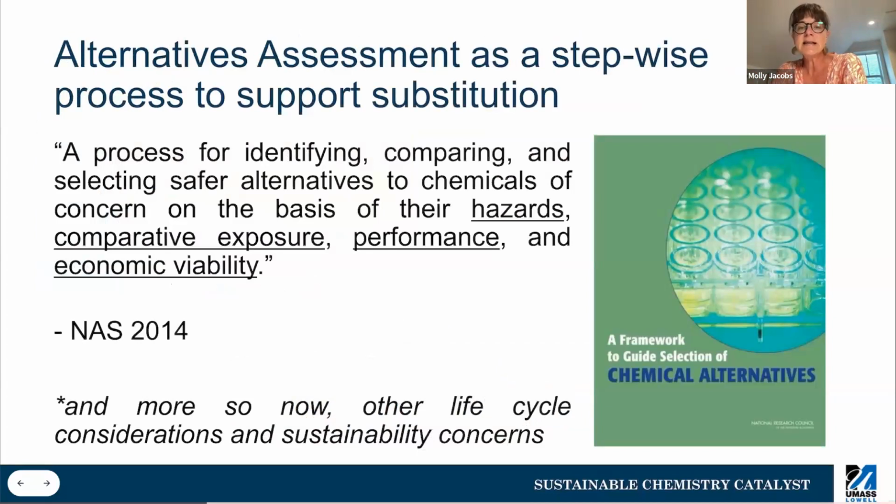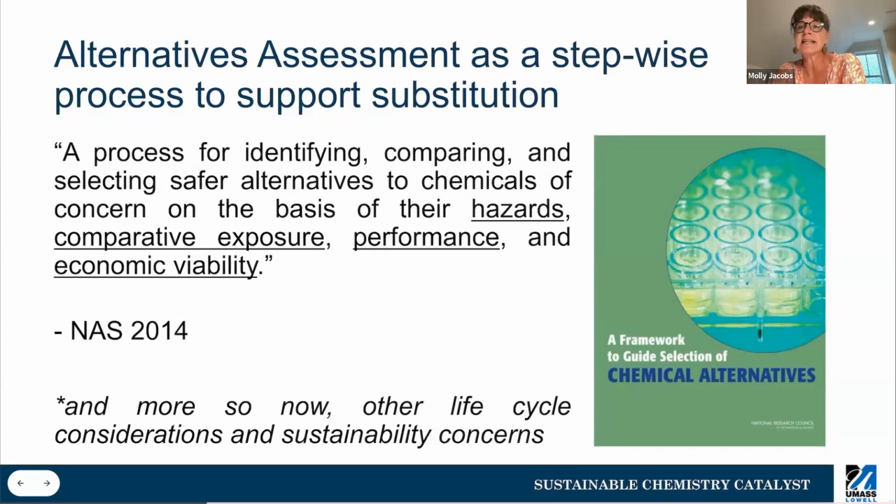And so this is a process to support what we call informed substitution, not just substitution, but informed substitution, because we're looking to identify, compare, and select safer and more sustainable chemicals or alternatives to chemicals of concern on the basis of maximizing those that have the most safe hazard attributes, also related to comparative exposure, but also perform and are economically viable.